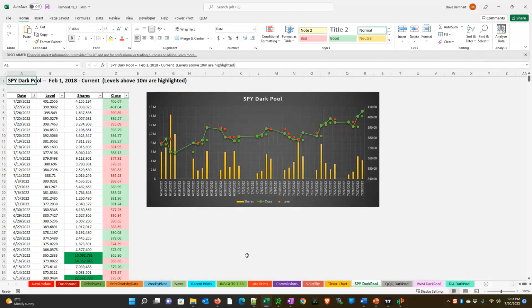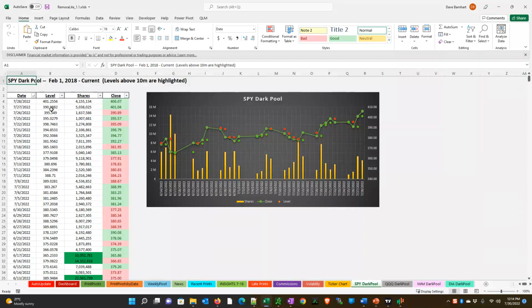When we look at these dark pool tabs, this is a summary of all the dark pool prints on the SPY since February of 2018 to current. These are separate from all of the block trades. They do come across in the block trade indicator, but there's something special about these prices, because these are prices that have come across the time and sales, but we never traded there that day.